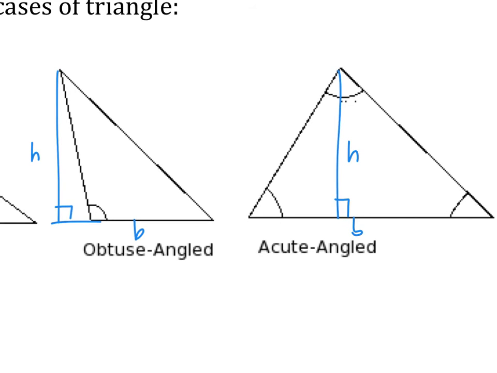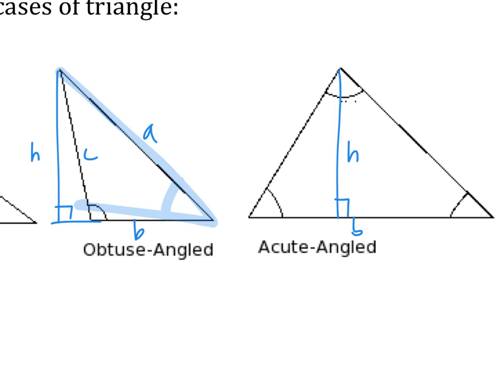Let's say that you don't want to spend the time to find the altitude. Let's say that you do know two other sides, A and C, and you know the angle in between. Then a fast way to find h, basically this is SOHCAHTOA. You're just trying to figure out what h is and then simplify the formula. Essentially the formula is always 1/2 two sides and sine of the angle in between.